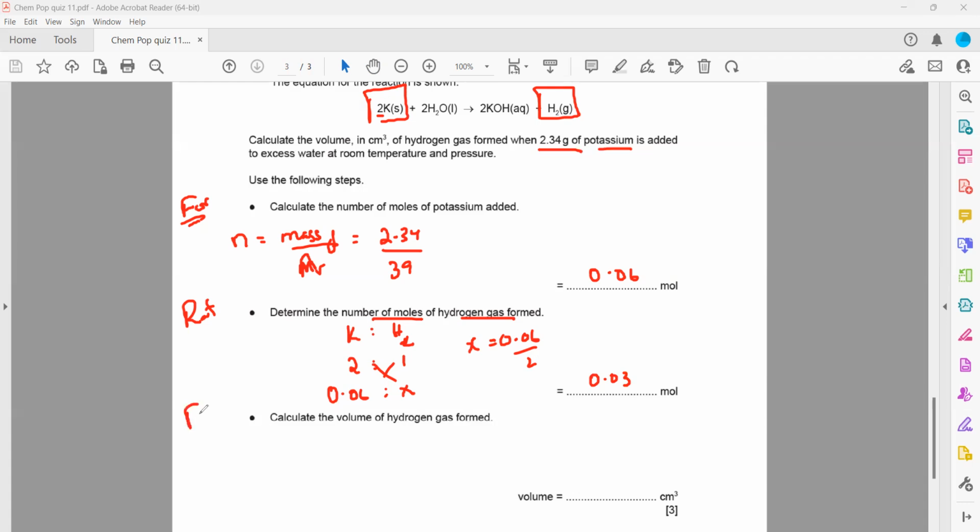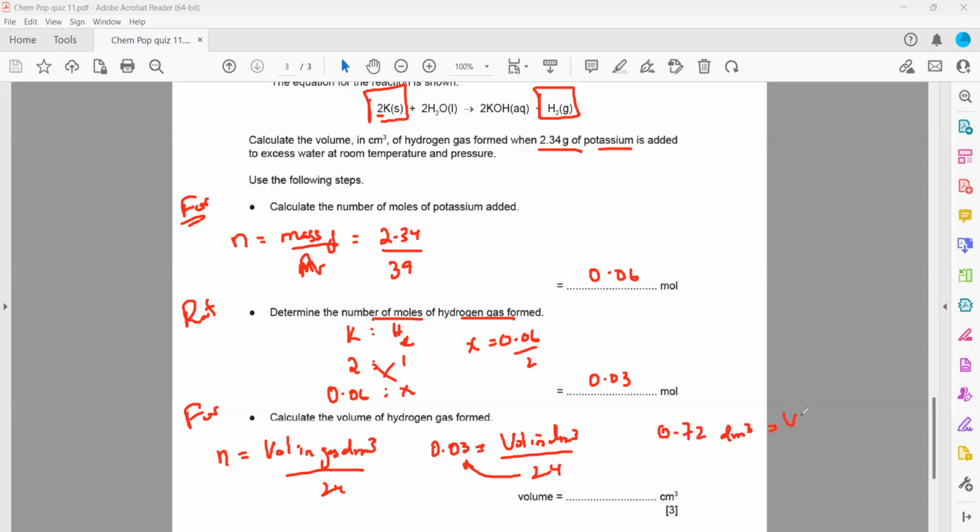Then again we use a formula. Now we need the volume of the gas. We have the formula moles equals volume of the gas in dm cube divided by molar volume, 24. We have 0.03 moles. The 24 is divided on one side, so on the other side it is multiplied: 0.03 multiplied by 24 equals 0.72 dm cube.